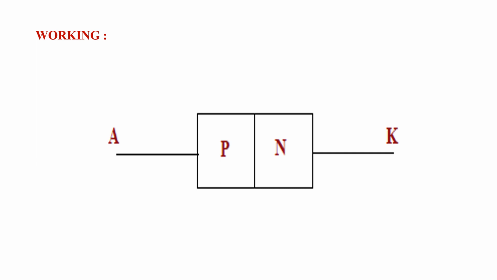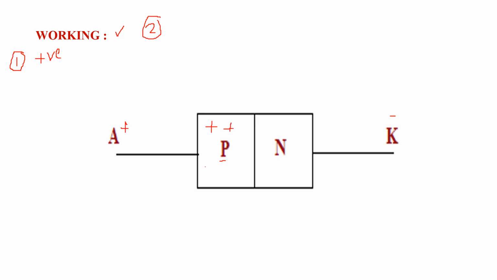Coming to the working of the p-n junction diode, it can be explained in two cases. In the first case, we apply a positive voltage across anode and cathode. By applying the positive voltage, anode becomes positive and cathode becomes negative. Here the anode is connected to the P layer, which has holes as the majority charge carriers.